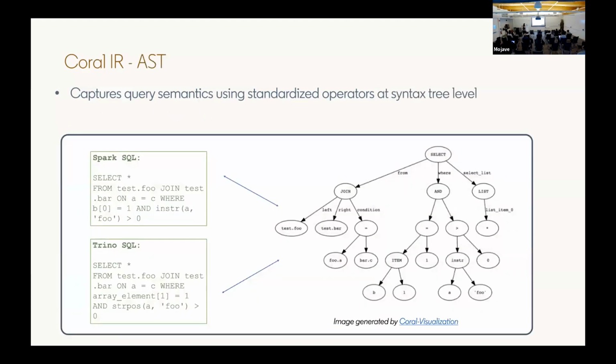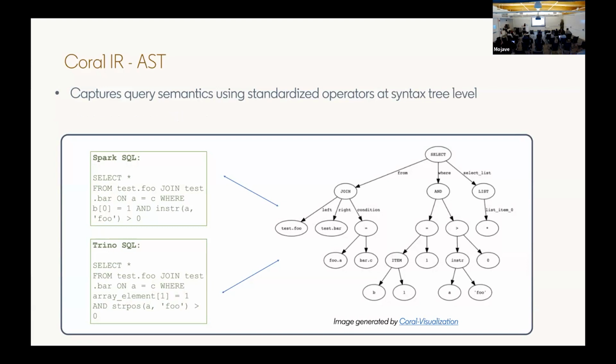Let's look more closely at the AST representation. On the left-hand side, we have two equivalent SQLs written in two different dialects. They're both trying to join tables foo and bar with an additional where clause.